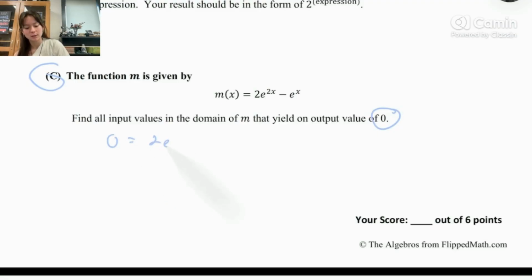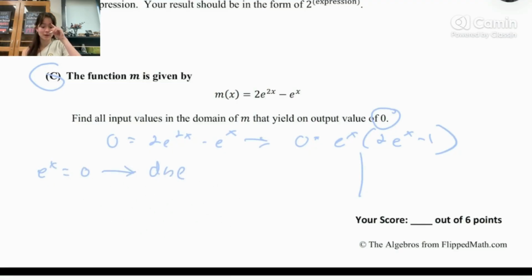So 0 equals 2e to the 2x minus e to the x, and you're going to simplify that so that it's 0 equals e to the x times 2 e to the x minus 1, and then you're going to again split that into two parts so that e to the x equals 0, and that does not exist. And then on the other side, 2 e to the x minus 1 equals 0. And you're going to add 1 to both sides, and then divide by 2.